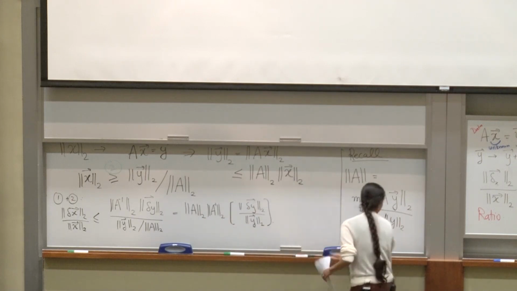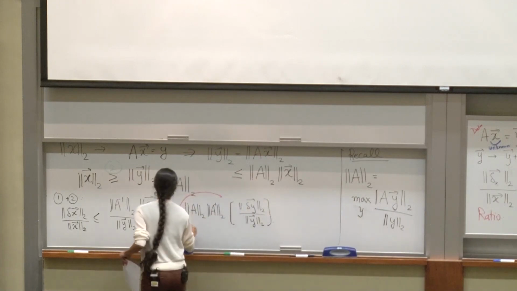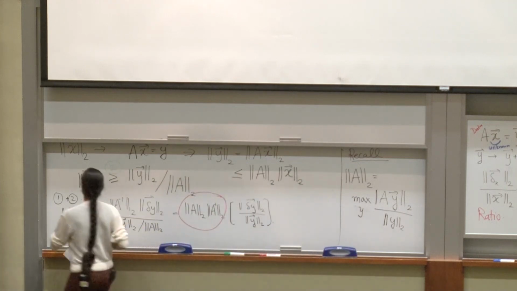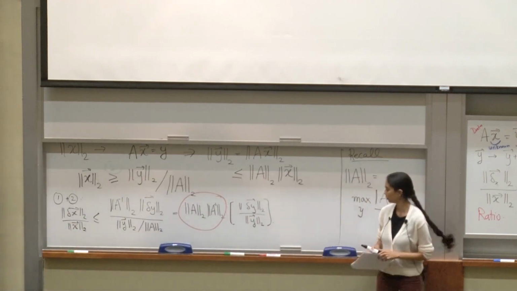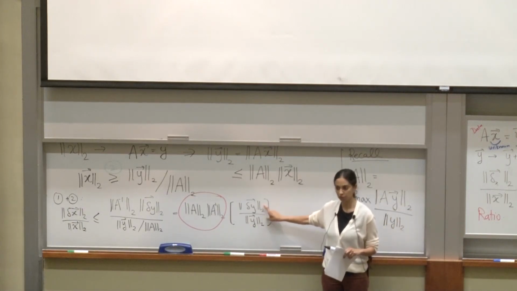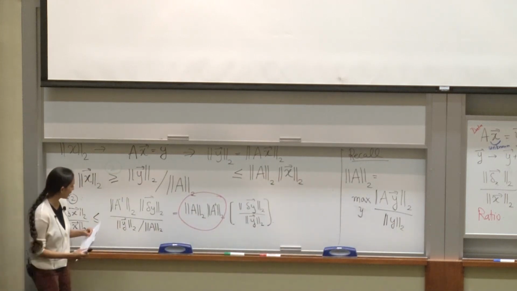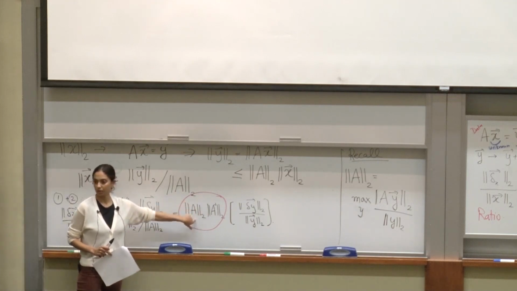So now we have this quantity. I've managed to find a bound that relates the relative change in x to the relative change in y. If the change in y is small relative to y itself, then the proportionality of how delta x will change with respect to x is given by this multiplication.